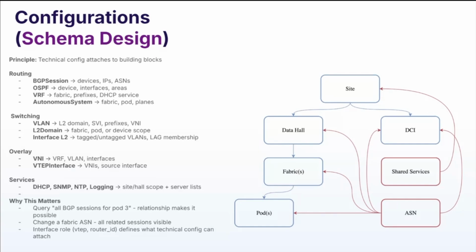We then modeled overlay concepts, so VNIs and VTEPs, and all while doing this, we're using some inputs from the customer. They might have said, for this pod, you need to utilize this prefix. And we had resource managers to manage that prefix and allocate loopback IP addresses for VNIs and VTEP interfaces.